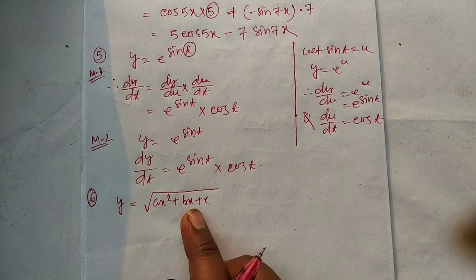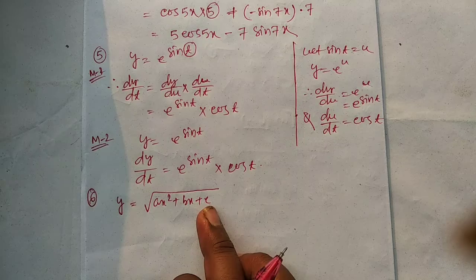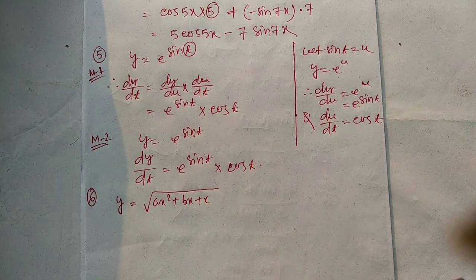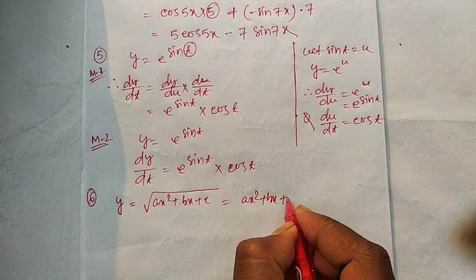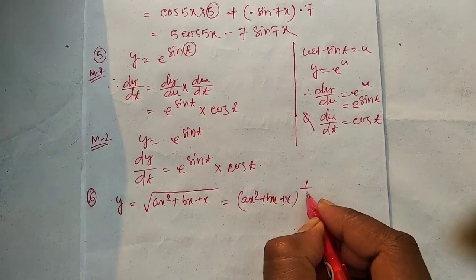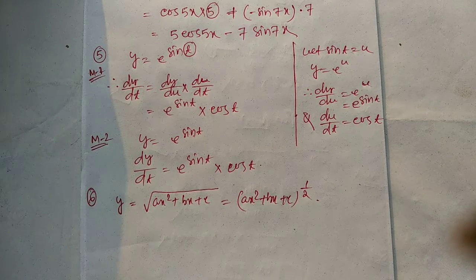Let's solve question number 6. Y is equal to the square root of ax square plus bx plus c. So this can be written as ax square plus bx plus c to the power half. As we know, the derivative of root x is equal to 1 upon 2 root x.